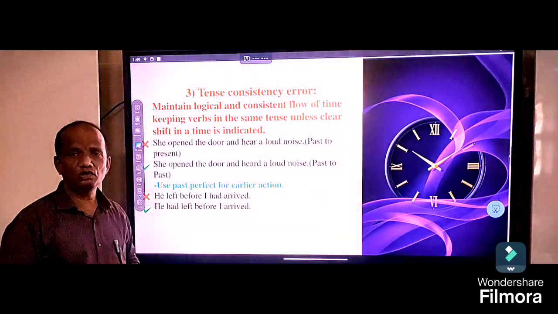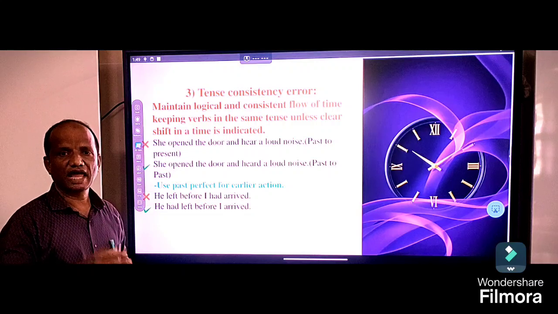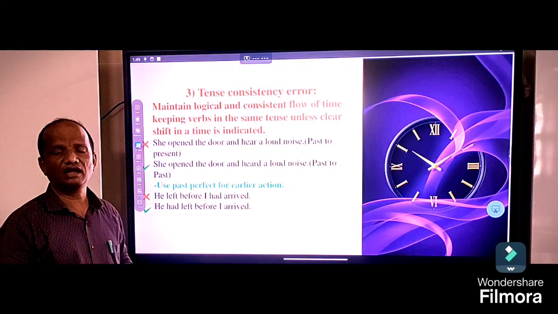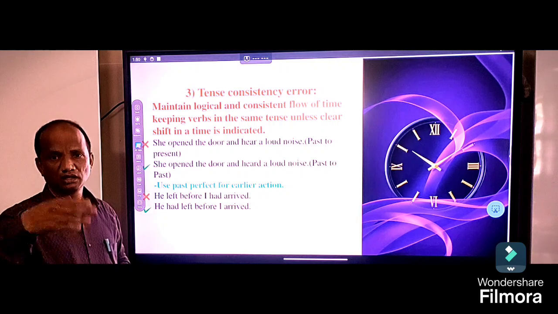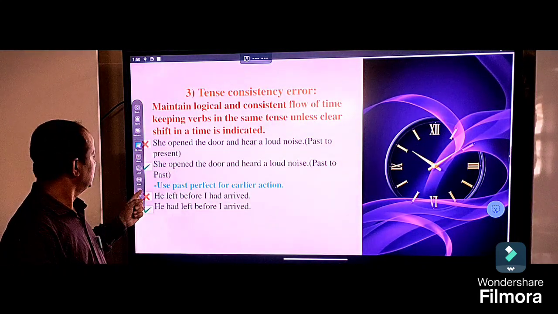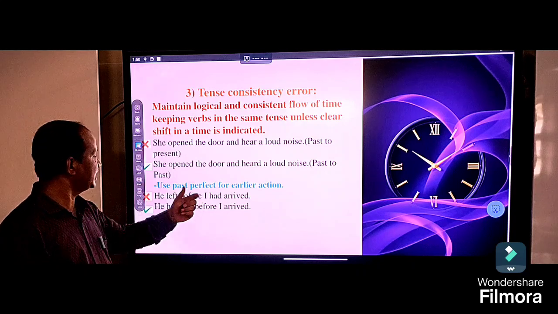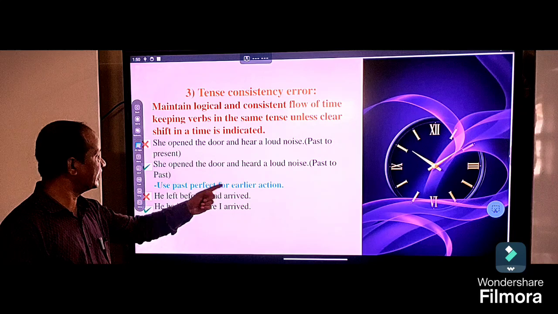Apart from it, our rule says that if two actions happen in the past, the action that happens earlier takes past perfect, and the action that happens next takes simple past tense. Here, that type of error sentence is given: he left before I had arrived.